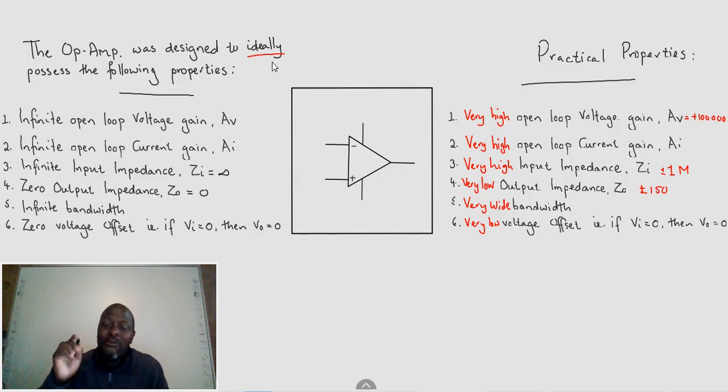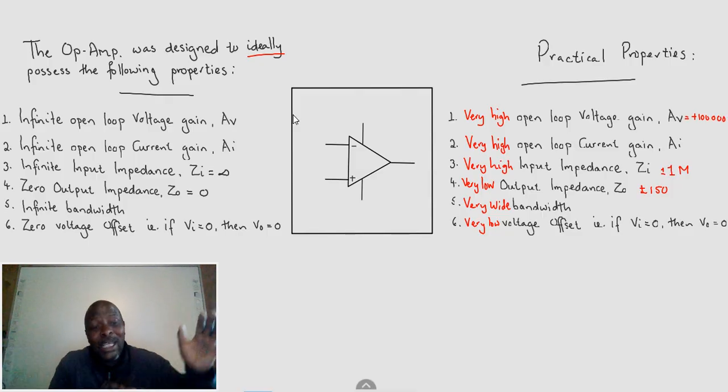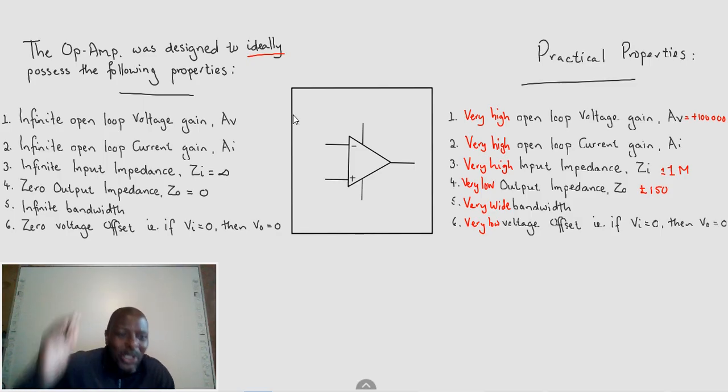But if you ask for the practical, so be careful what you ask for, if you ask for the practical properties, then you have to say what we got. You wanted an angel, but you've got the lady or dude that you have. So that's your angel. We couldn't get ideal, but at least we didn't fall too far, because we aimed high. So we are going to go on next.